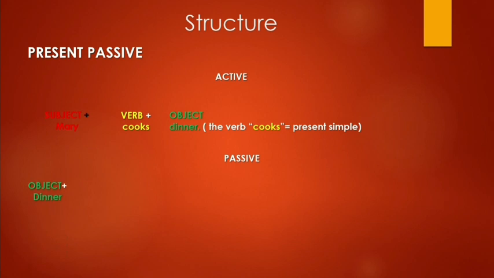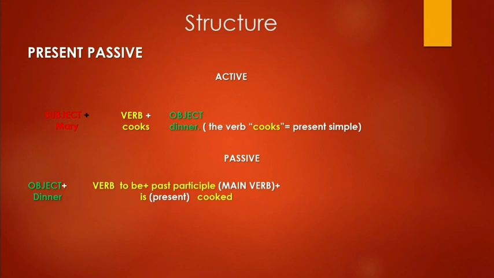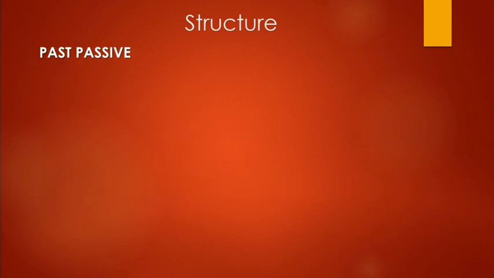The object, dinner, the verb to be plus the past participle of the main verb. In this case, the verb to be is "is" because it's in present, and the verb cooked in past participle. Then we put the subject that we introduce with by, in this case, by Mary. So Mary cooks dinner. Dinner is cooked by Mary. This was the structure of the present passive.